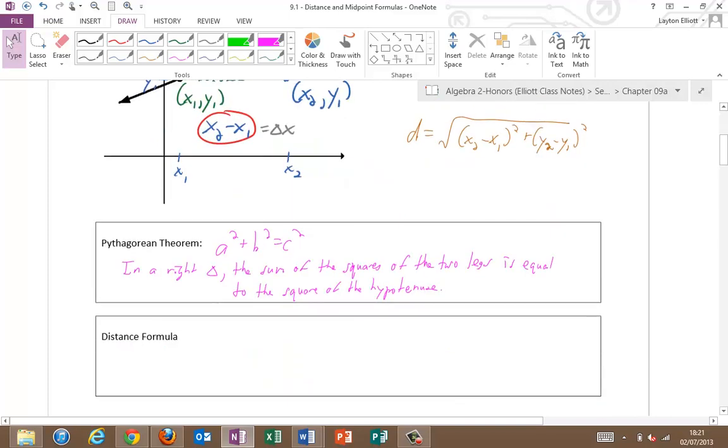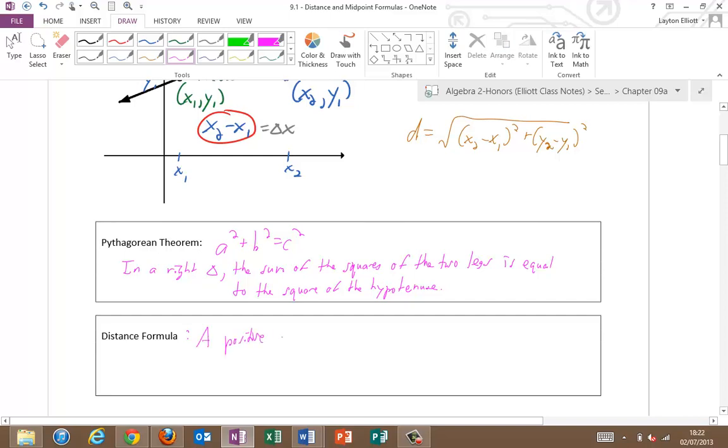The distance formula describes a positive distance, and it's always positive, between 2 points that we denote x1, y1, and x2, y2.